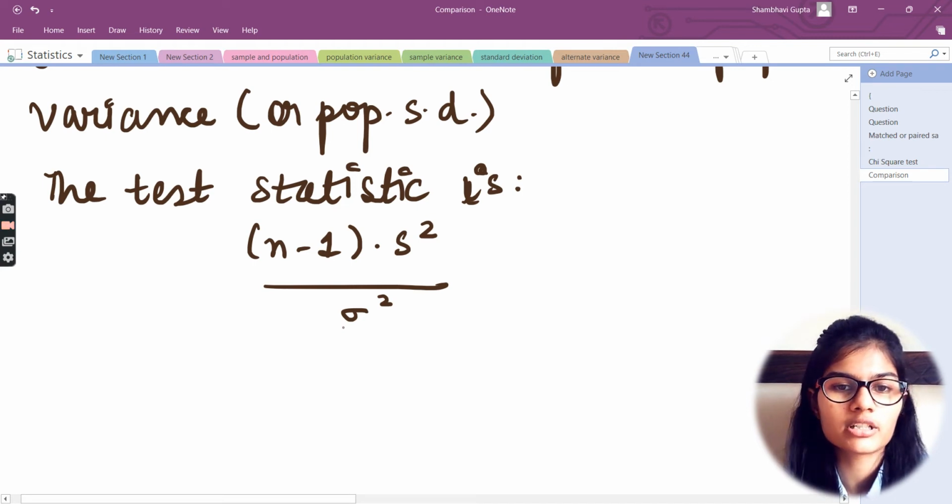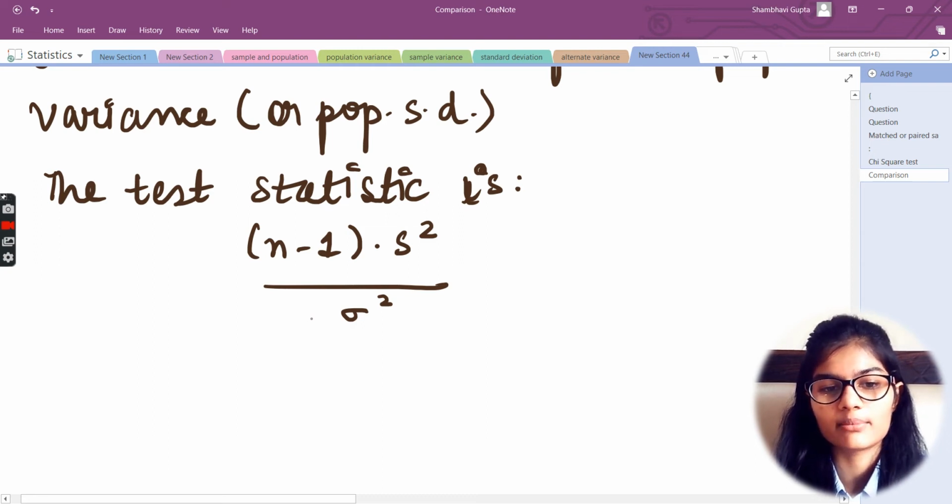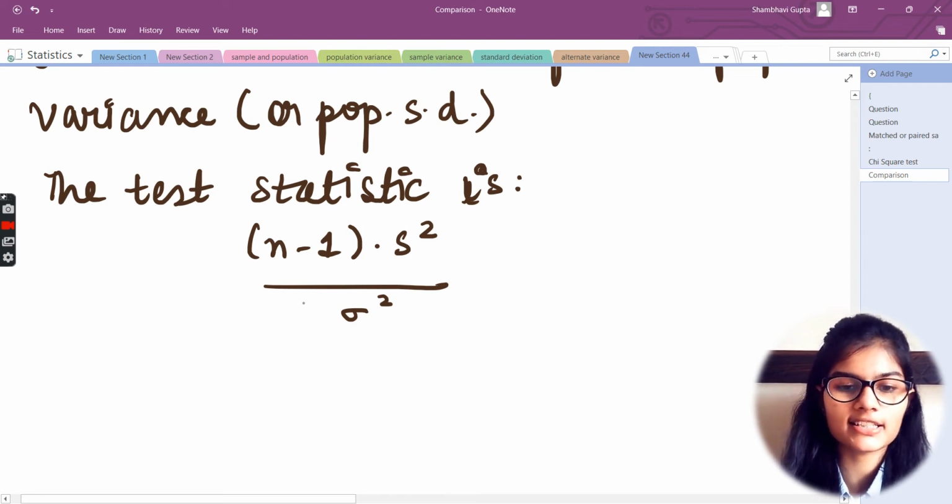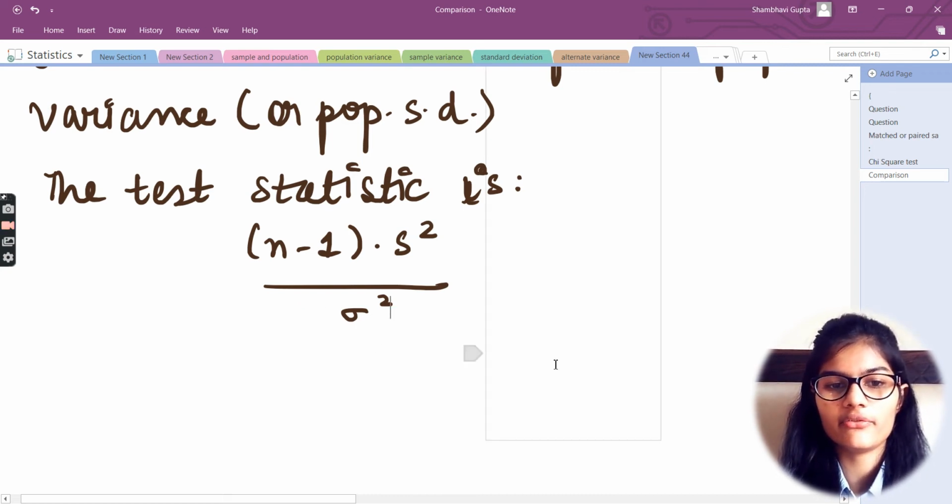It's n minus 1 multiplication s square divided by sigma square, right? This is the formula which we have out here. Now what are these terms referring to? Whatever I had just mentioned up here, so let's see that out here.